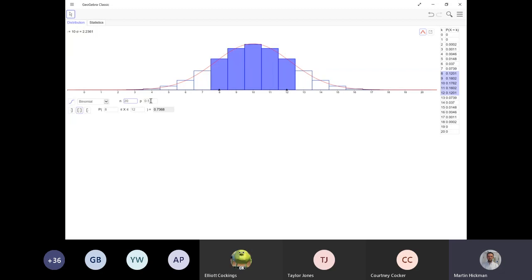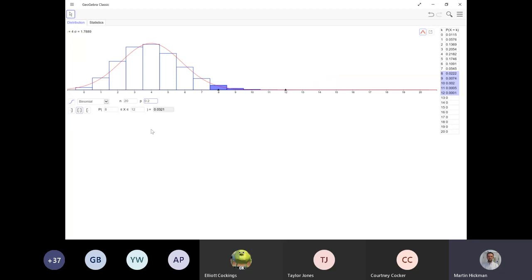Another reason for using the normal to approximate binomial is if we've got a probability that's close to 0.5. Here you can see when the probability is 0.5, we have this perfect symmetry for our binomial distribution. If I make that 0.2, however, then it's nowhere near as good of an approximation, and you can hopefully see that the bars of 3 and 4 are quite similar in height, but then 5 is a fair bit shorter, 6 shorter still.